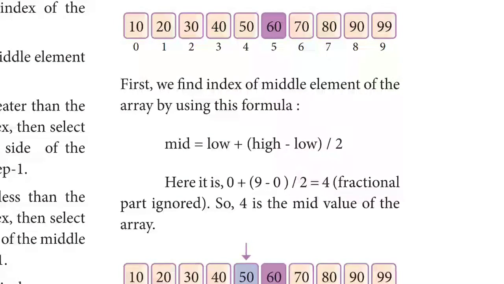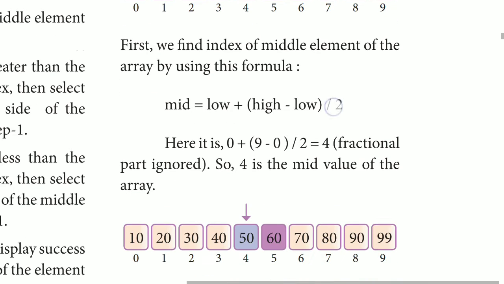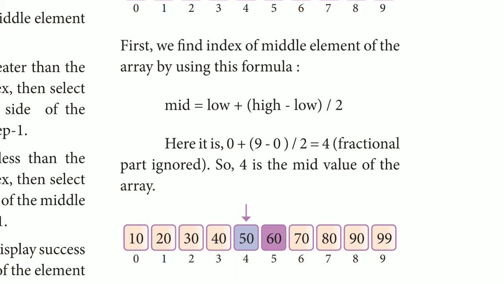Here it is 0 plus 9 minus 0, the whole divided by 2, which is equal to 4. So it comes around 4.5, so the fractional part is ignored. So the middle element is 4 here.